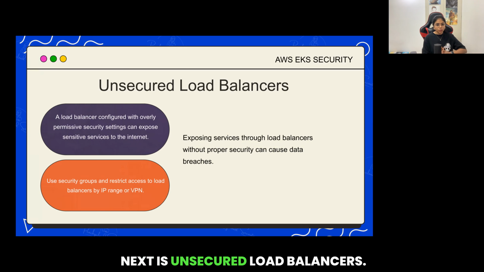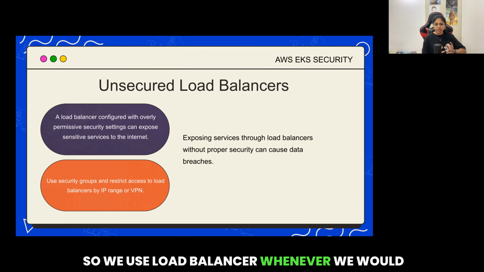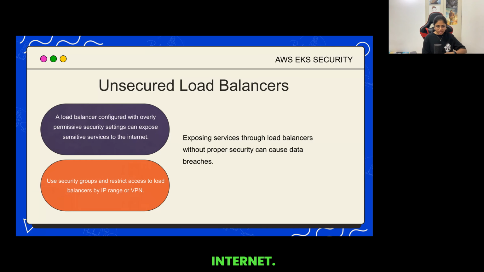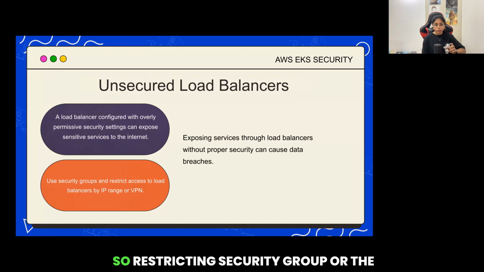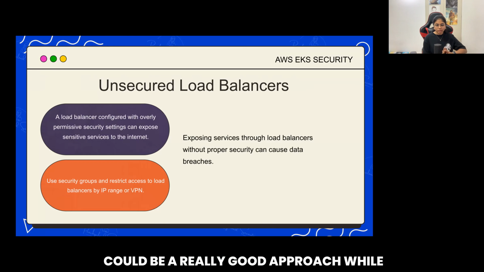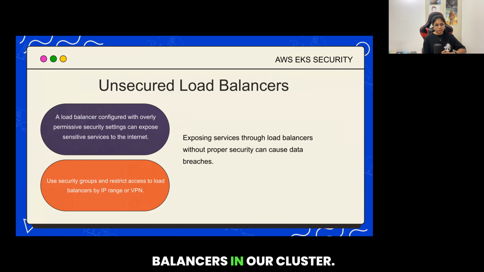Next is unsecured load balancers. We use a load balancer whenever we would like to expose any service over the internet. Restricting the security group or the traffic there could be a really good approach while securing our load balancers, because it's very challenging to track the load balancers in our cluster.